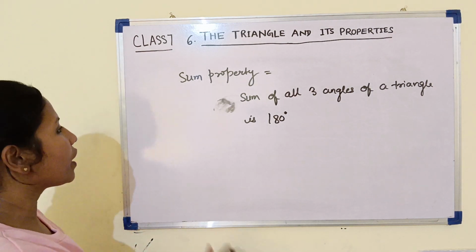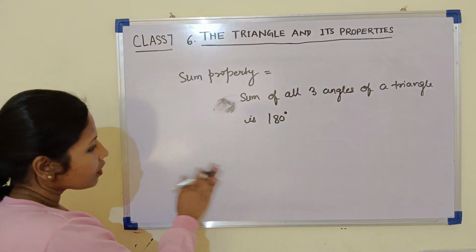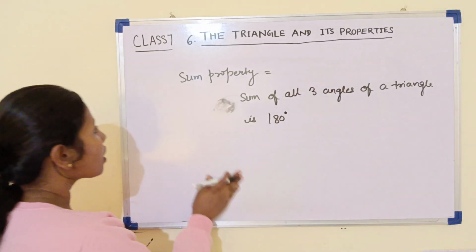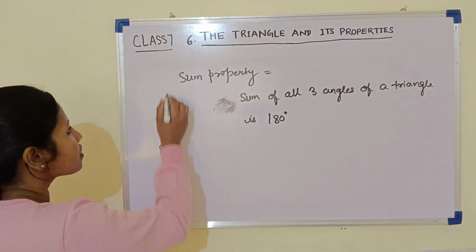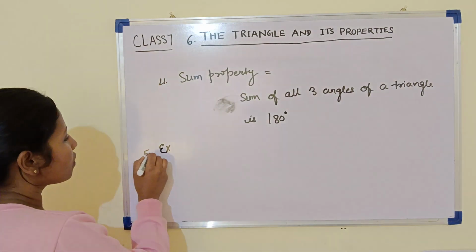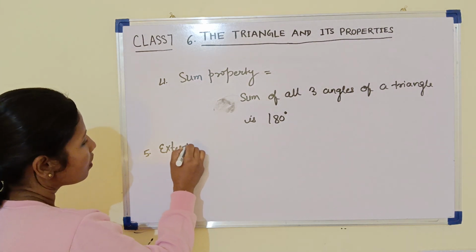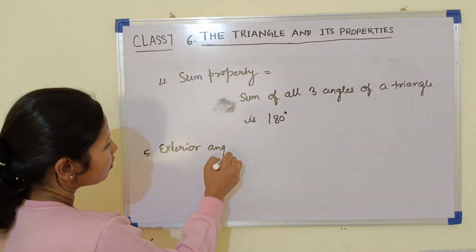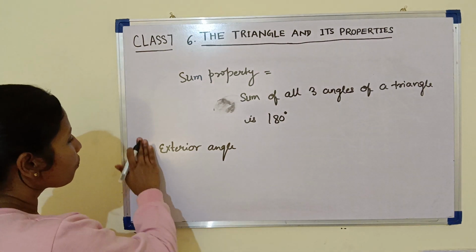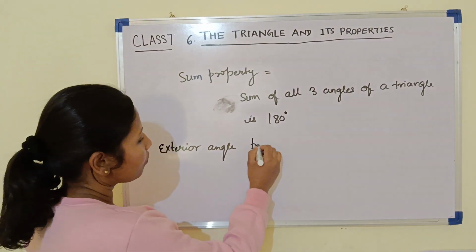That is called the sum property. Then let's talk about the exterior angle. We have one concept of exterior angle also. Exterior angle property.